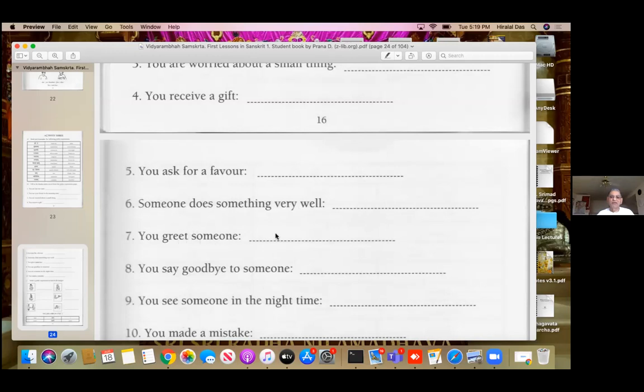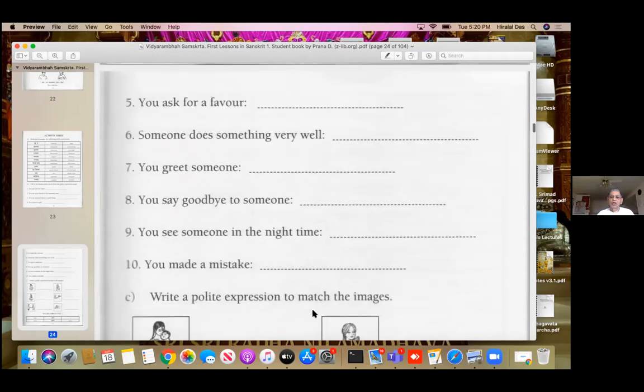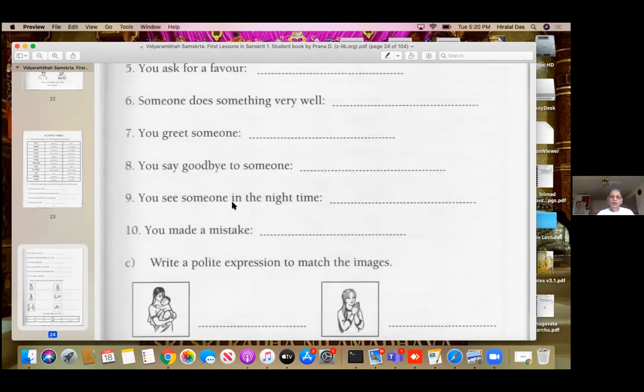You greet someone. Swagatam. Yeah, swagatam is also fine. Hari Om, Hare Krishna, Hari Bol. Anything you can say. You say goodbye to someone. Punah milamaha. Okay. And then you see someone at night time, what would you say?